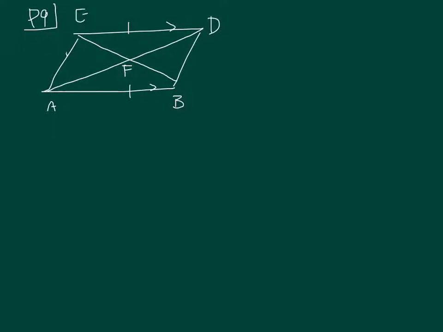It is also given that segment AB is congruent to ED, therefore triangle ABF is congruent to DEF by ASA. So there is something wrong with this proof, so I want you to look into that. Part B, is it possible to prove that those two triangles are congruent? If so, write the correct proof.